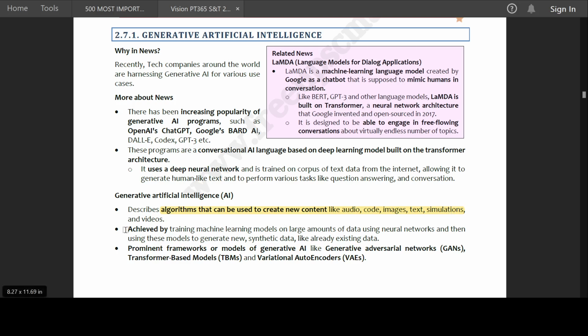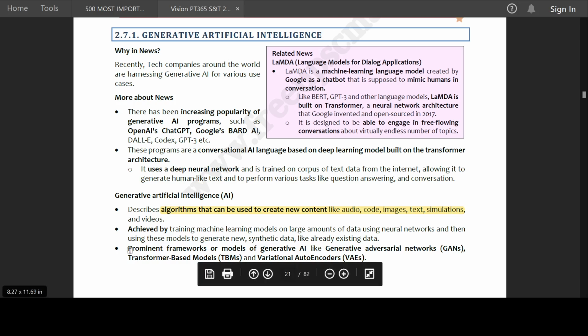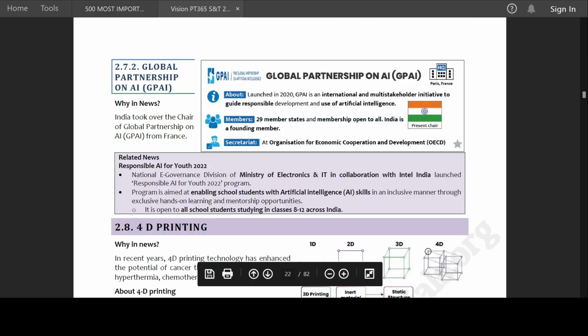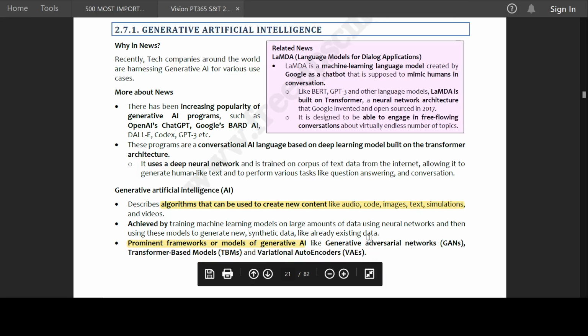This is achieved by training machine learning models on large amounts of data. Prominent frameworks or models of generative AI are generative adversarial networks, transformer-based models (TBMs), and variational autoencoders.